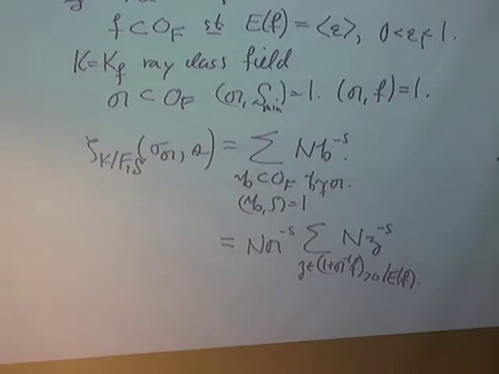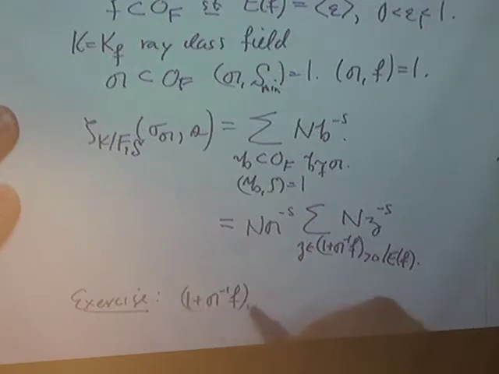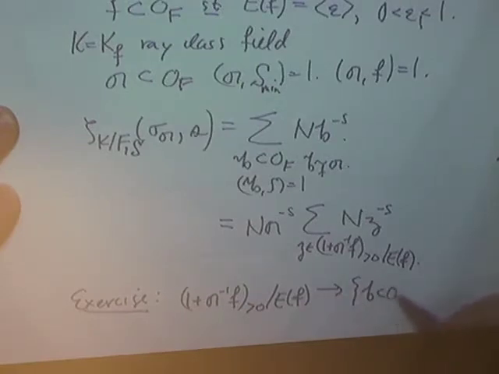So I claim this is the same sum, and the reason is a nice exercise to work out: if you look at the map from 1 plus A inverse F, non-negative elements modulo E_F, and you map this to the set of B in O_F such that B is prime to S, and B gives you the same element in the ray class group modulo F as A, and you map an element x here to just x times A, then this is actually a bijection.